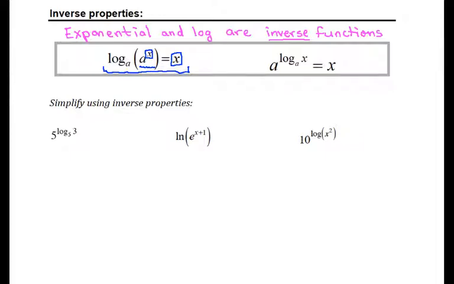So I get back that same x that I started with. In this second example, I'm starting with x, and I am first applying a log function to x. I am then applying an exponential function, so I should get back that same x that I started with.